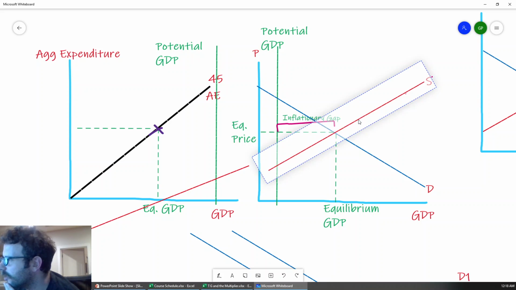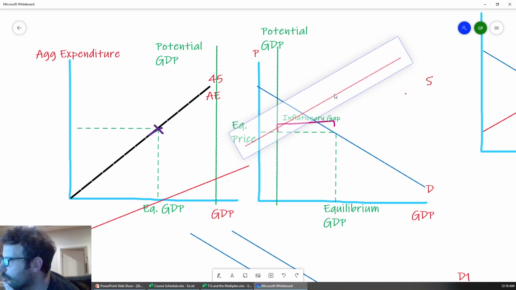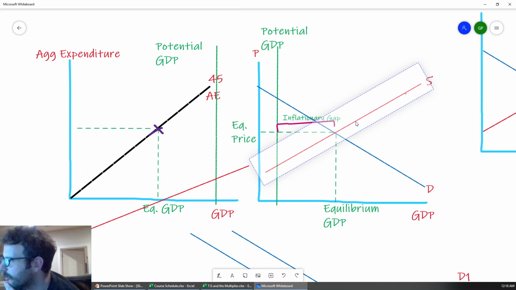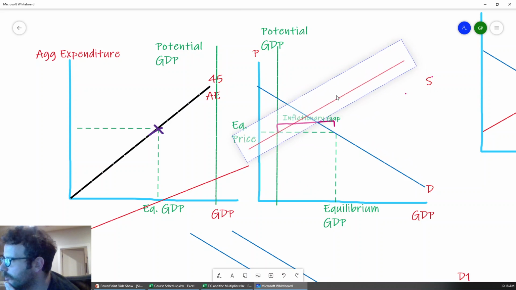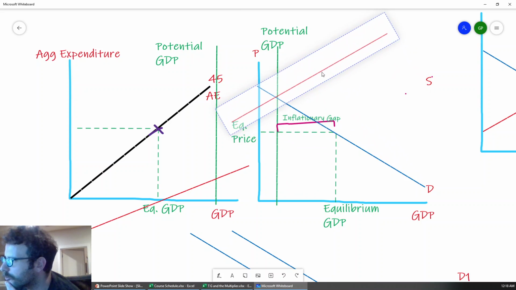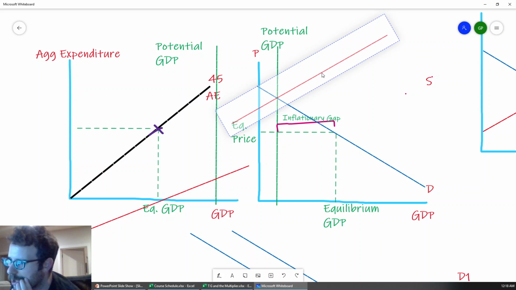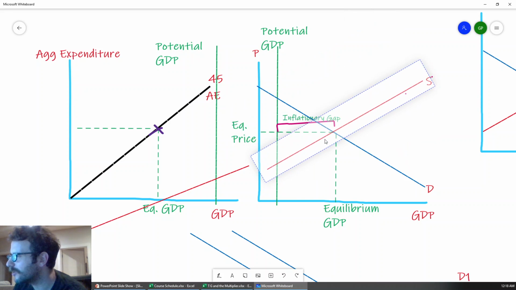If you're fixing demand, in the long run you're moving your supply curve closer and closer to this potential GDP, and your price level is eventually going to increase. Your equilibrium price is going to go from this one here to up here, where this one aligns, the intersection between here and here.